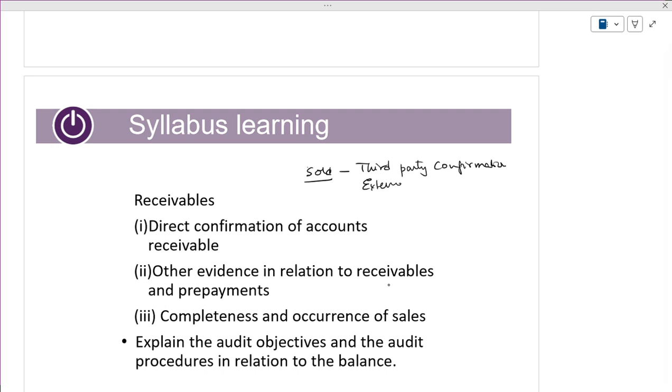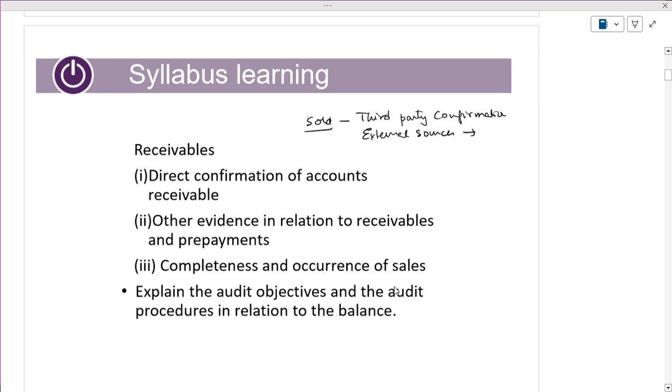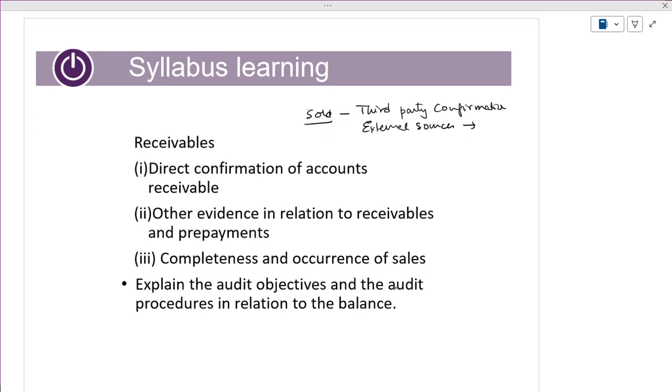The external sources are more reliable than internal sources. We have to get direct confirmation from the accounts receivable from the other party. Other evidence with respect to receivables and prepayments.